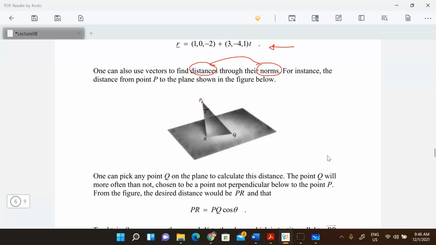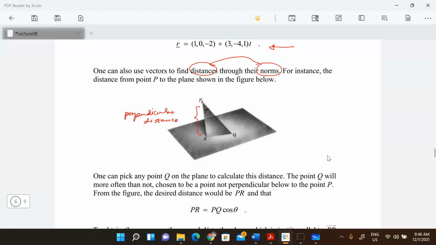For the plane there are many different points that you can choose, but the distance between a point and the plane is the perpendicular distance. So this is the perpendicular distance. All we need to do now is to see if we can find the vector PR, given some information about the plane.